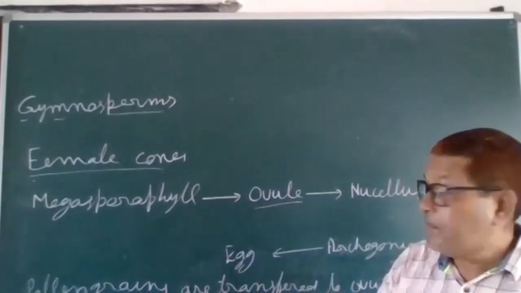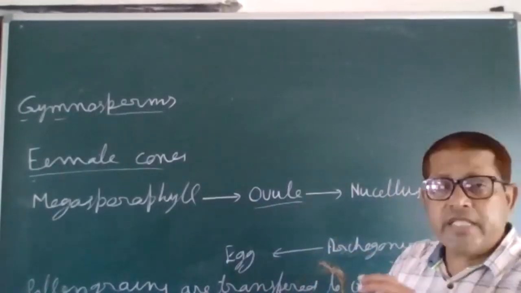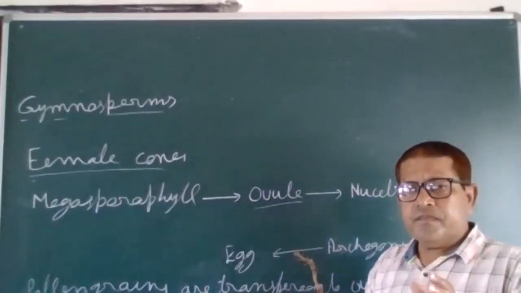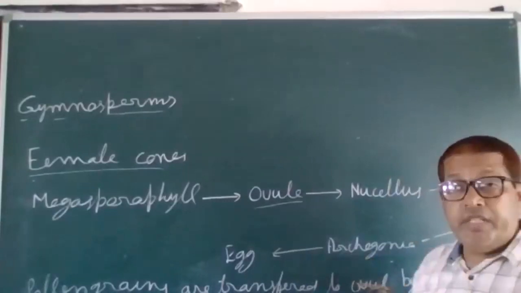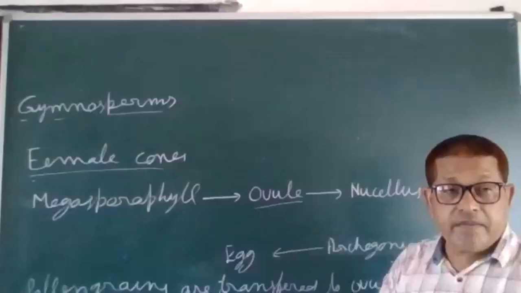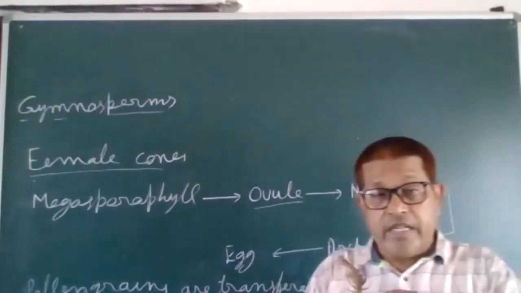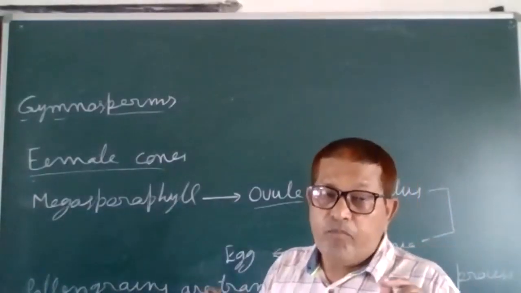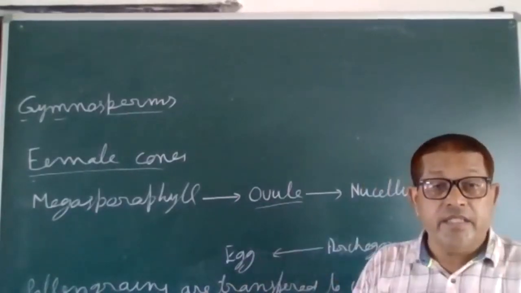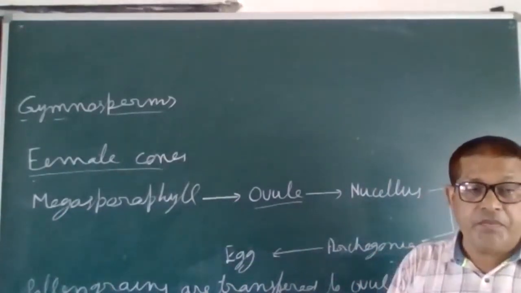Wind pollination is there. So pollen grains reach here, and inside the nucellus there are archegonia, and these archegonia contain the eggs. The pollen grain contains the male gametes. Male gametes fuse with the egg to perform the process of fertilization.